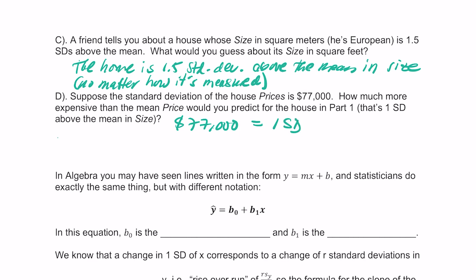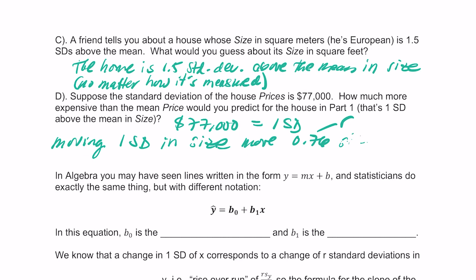Moving 1 standard deviation in size should move 0.76, remember that's r, your correlation, standard deviations in price.